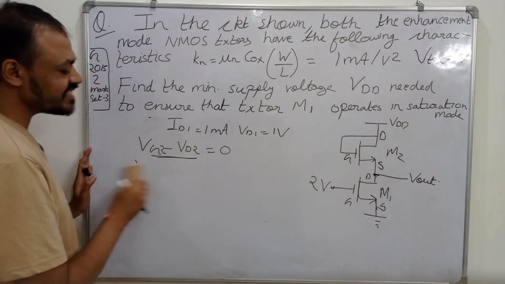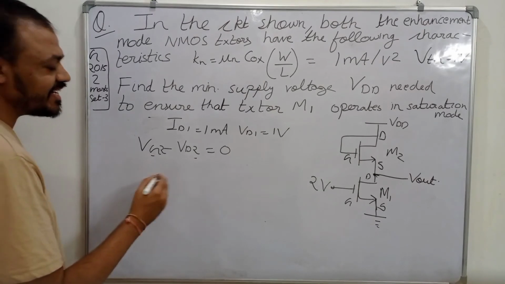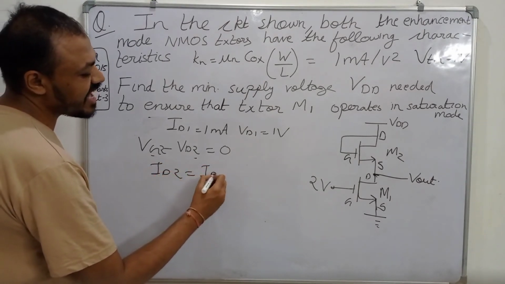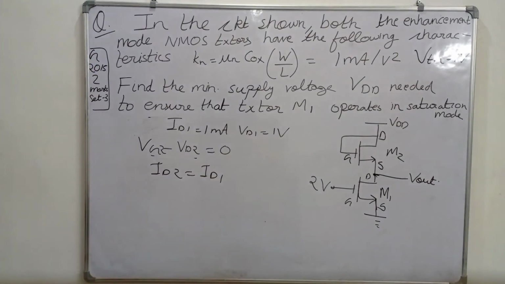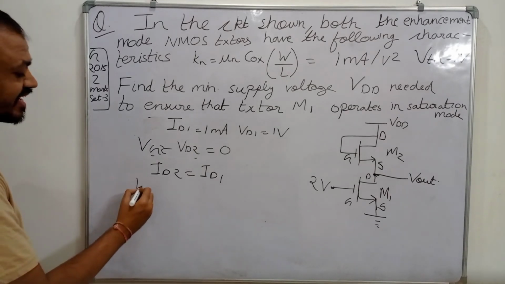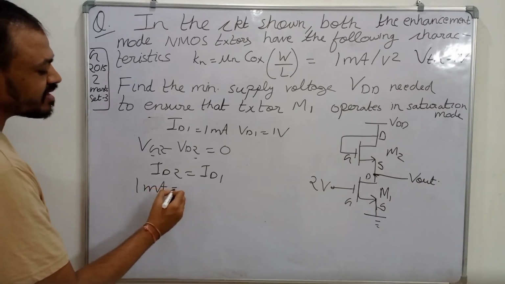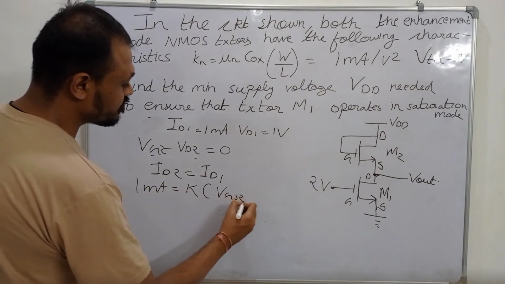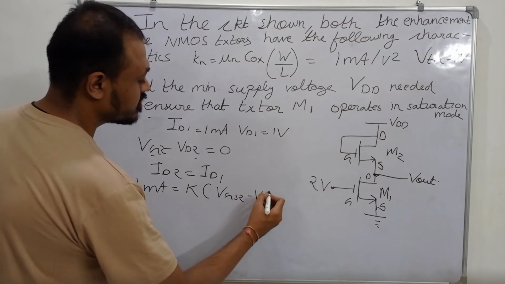If this transistor is also in saturation, then ID2 will be equal to ID1, because both transistors are in series. So we can take ID2 as 1 milliampere is equal to K into VGS2 minus VT squared.